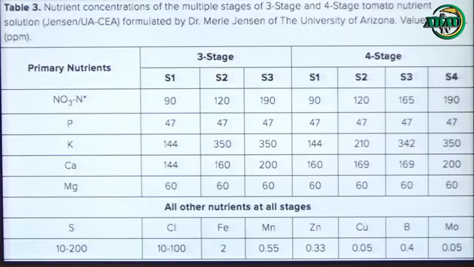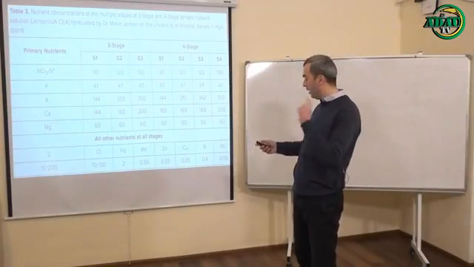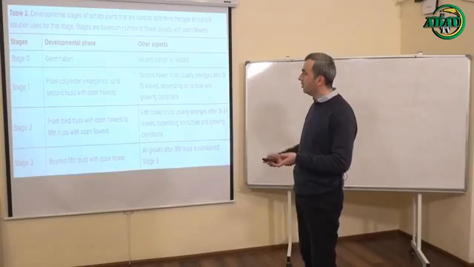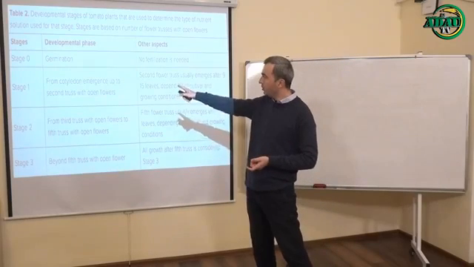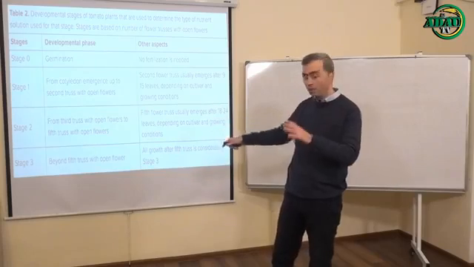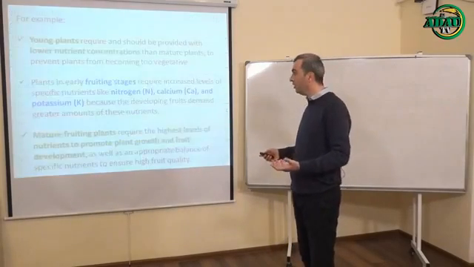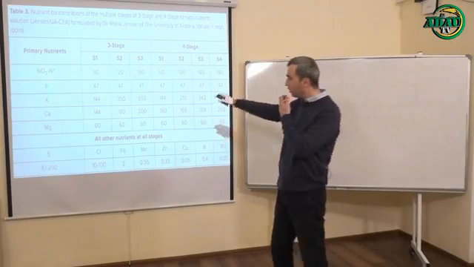For example, at stage 1, the amount of potassium is 144 milligrams per liter. For example, magnesium, calcium, etc. required for this first stage. And what is our first stage? It goes from cotyledon emergence up to the second truss with open flowers. So as the plant is growing, as the plant is maturing, we increase the numbers.